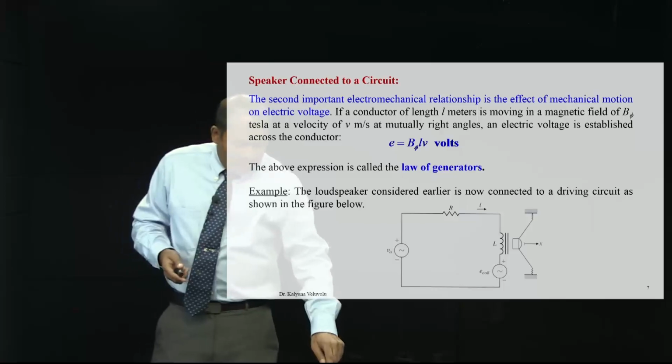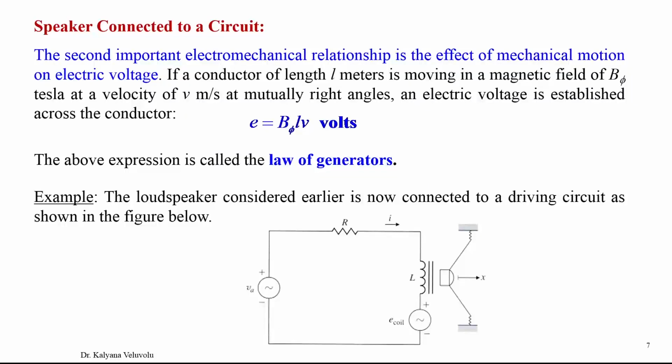Before that, I would like to discuss one important aspect. The second electromechanical relationship is the effect of mechanical motion on electrical voltage. When you place a conductor in a moving magnetic field of strength B phi at a velocity v meters per second at a mutual right angle, an electrical voltage is established across the conductor.